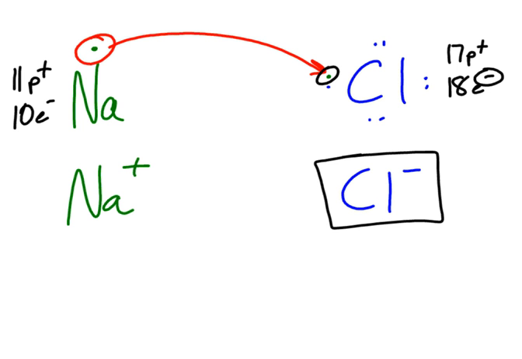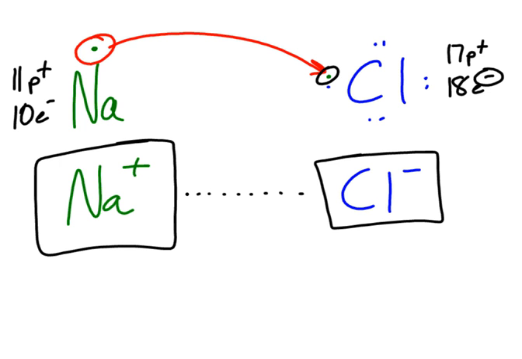The attraction between this positive charge and that negative charge is known as an ionic bond. They don't really ever come in contact with each other. They're not smooshed together, or in a covalent molecule where they're sharing electrons, which we'll learn about later. There are just two ions, oppositely charged, attracted to each other. That attraction is the ionic bond.